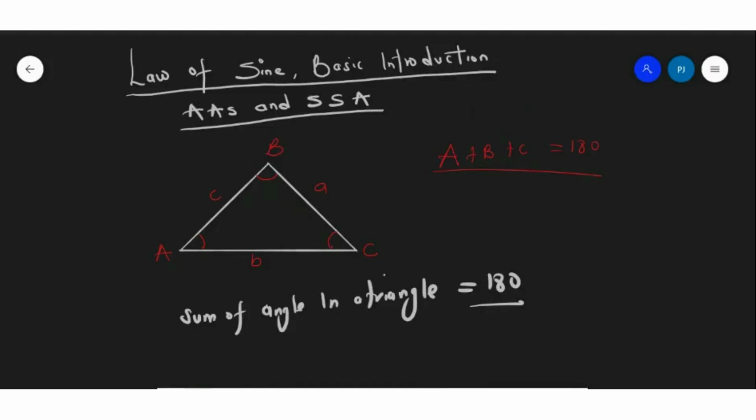So when can you apply the sine rule? The sine rule can be applied if we have two angles. I'm going to clean this out so we can have a clean space.